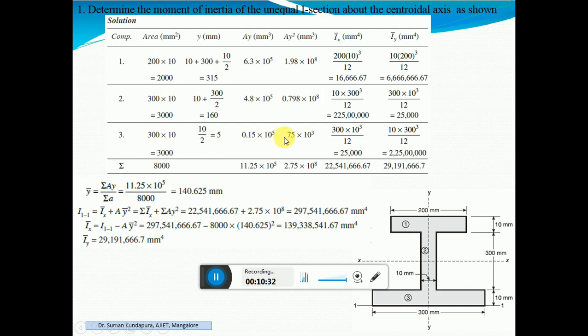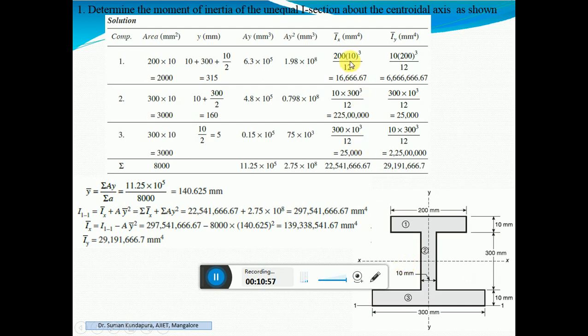Sum up everything, the summation of this one, summation of this one. Why do you need the summation of this? To find out y bar. Summation of Ay divided by area will give you 140.625 millimeter, which is the y bar distance from axis 1-1.